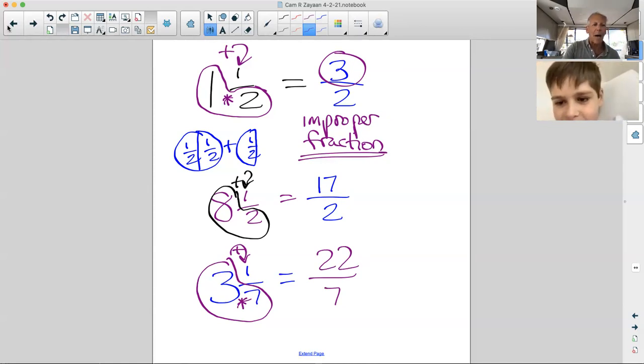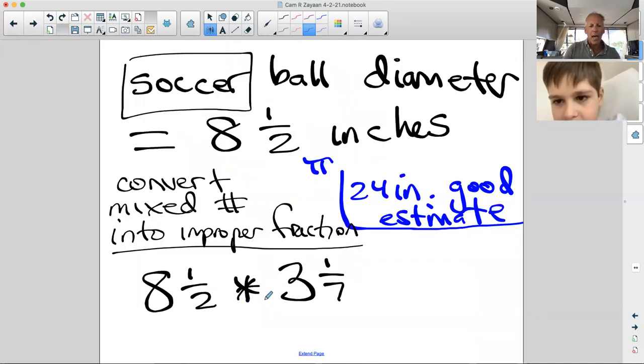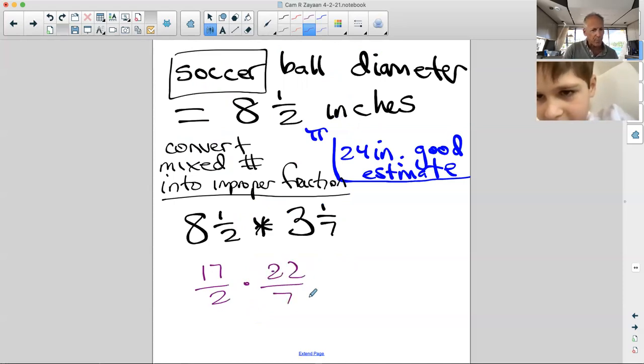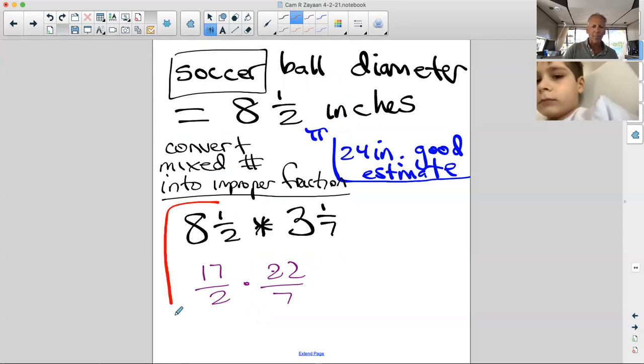So let's go back. And now, Cam, this is the best part. We have 17 halves times 22 sevenths. Now, Cam, I want you to write that down right now. I want you to write down the mixed numbers and then below it, the improper fractions.